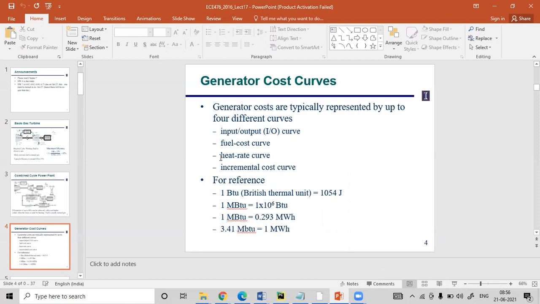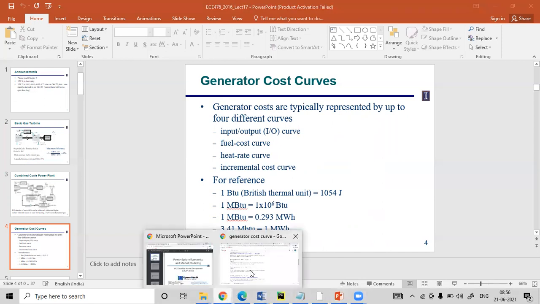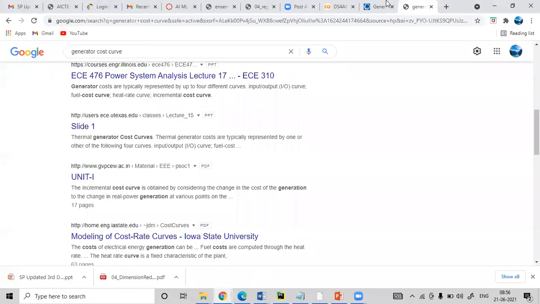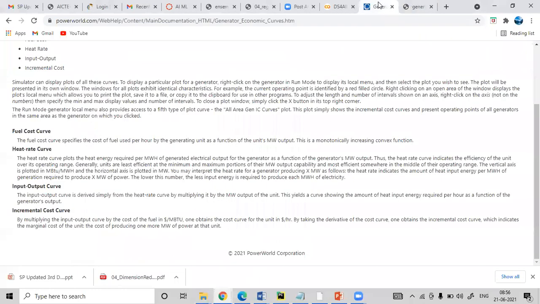Third one is the heat rate curve. And fourth one is the incremental cost curve, right? We will understand the basic definitions of these curves through the next page. I will try to explain these topics.